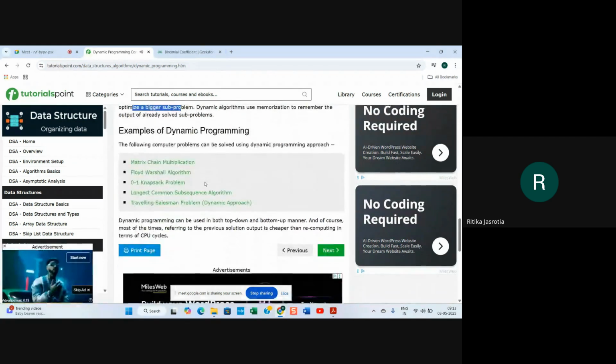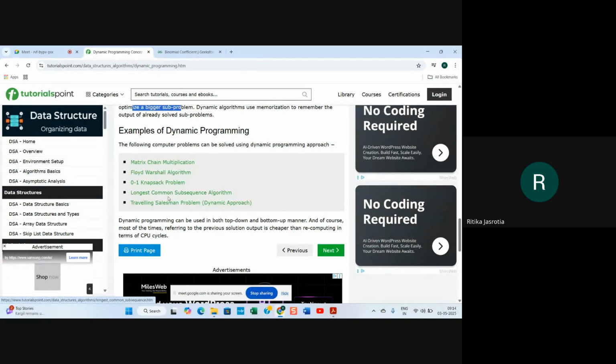So these are the examples. Examples of dynamic programming algorithms: matrix chain multiplication algorithm is there, Floyd-Warshall algorithm is there, 0-1 knapsack problem is there, traveling salesman problem is there, right? The longest common subsequence algorithm we will not be doing.